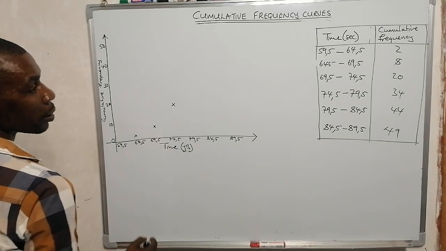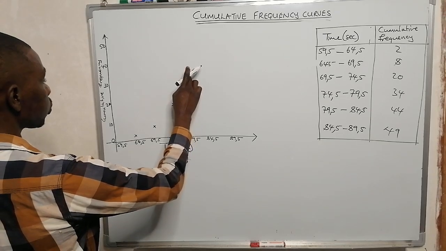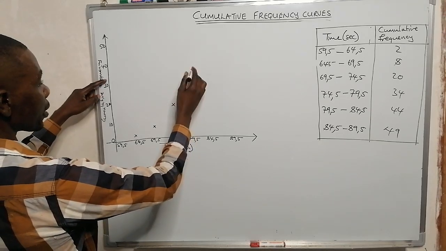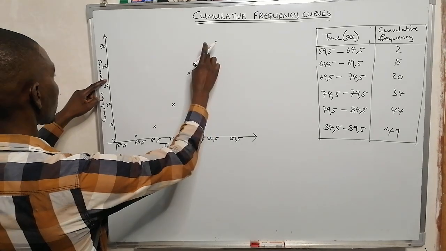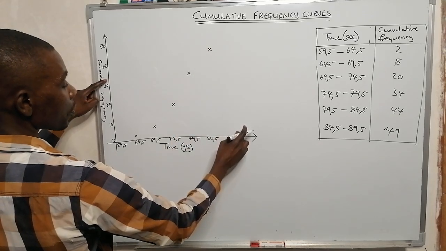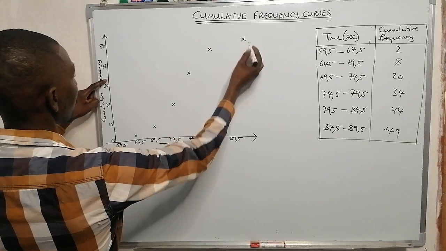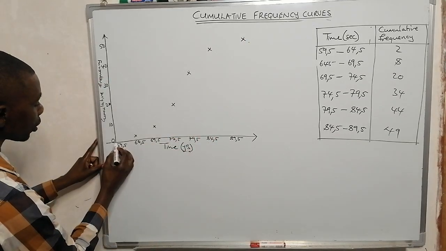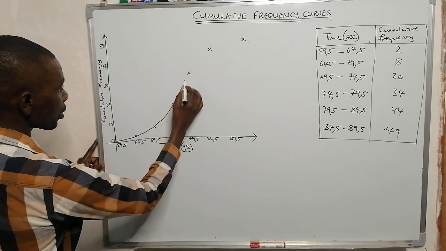Then 79.5, we are going 34, 4 boxes after 30. Then 84.5, we are going 44. Then last one, 49. Right? So you construct your cumulative frequency curve using your freehand.